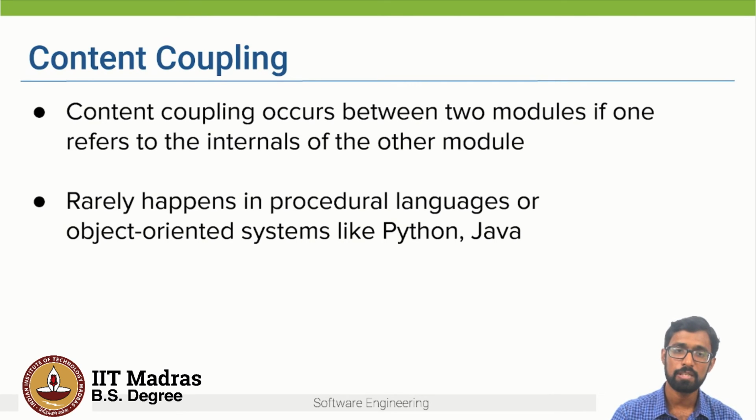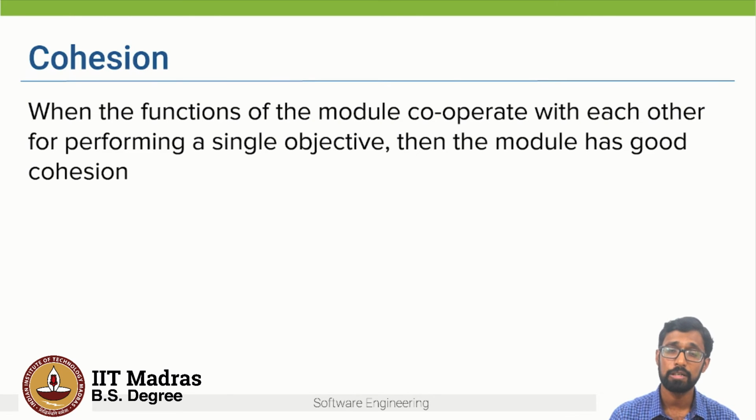Now that we have seen the different types of coupling, let's look at the different types of cohesion. What do we mean by cohesion? To recap, when the functions of a module cooperate with each other to perform a single objective, then we say that the module has good cohesion.